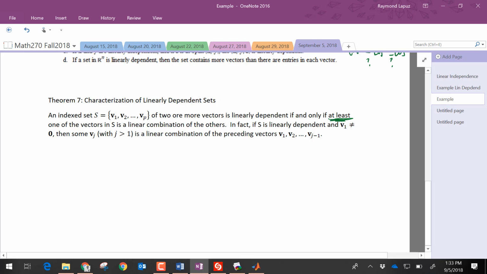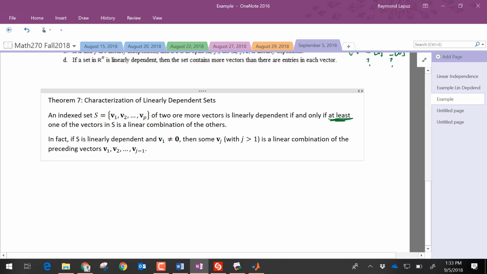And they try to say this, I don't know if this is an attempt to make it easier, but this is an attempt to make it mathematically more readable. If S is a linearly dependent set and v1 is not equal to 0, then some vj, where j is bigger than 1, is a linear combination of the first set of vectors. Yeah, the j is just an arbitrary number accounting for the other points.